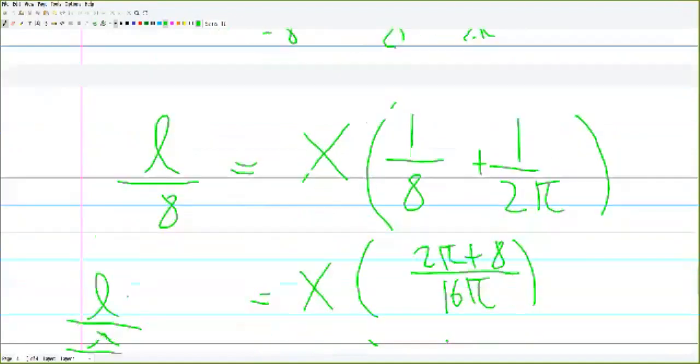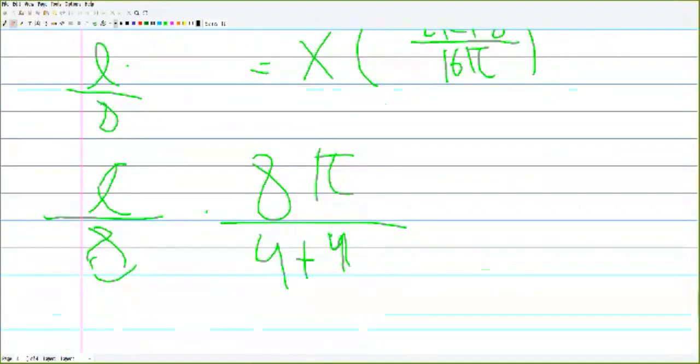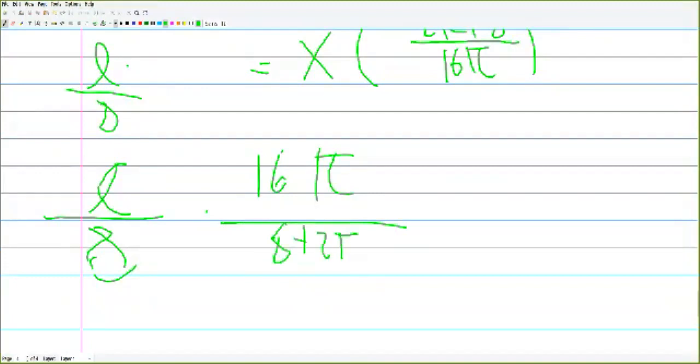And if we multiply, that will be equal to 16 pi over 8 plus 2 pi.